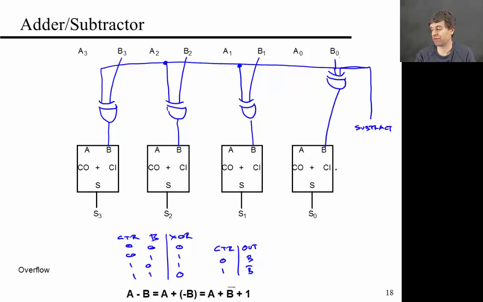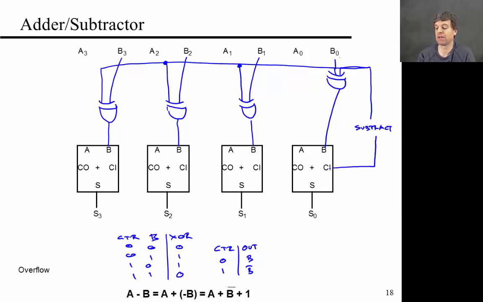And here's how this carry in becomes useful. Previously, when we designed an adder just looking at positive numbers, we said we don't really need this carry in, so we just set it to 0. But it's convenient to use full adders everywhere instead of explicitly making this a half adder.